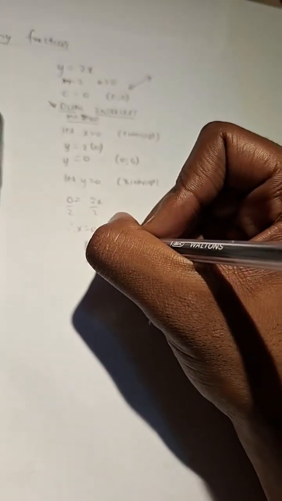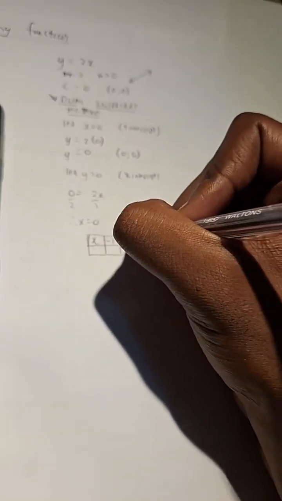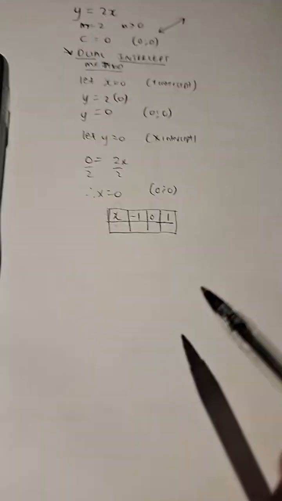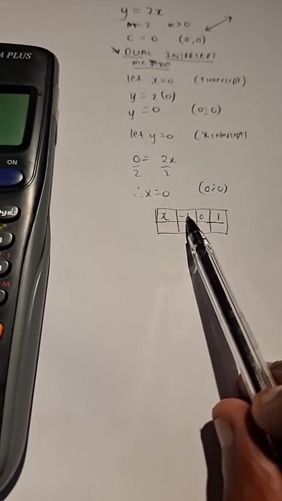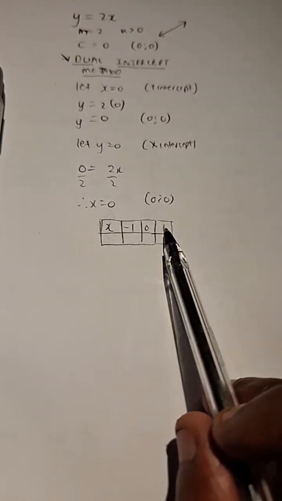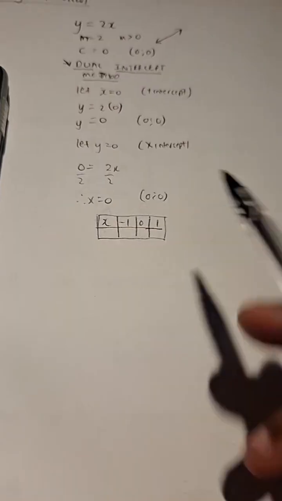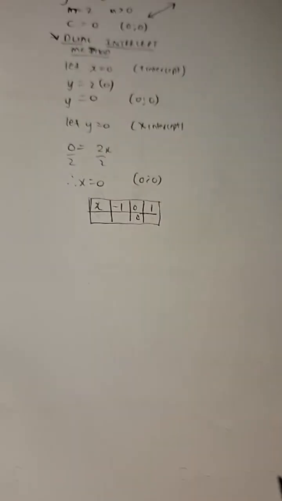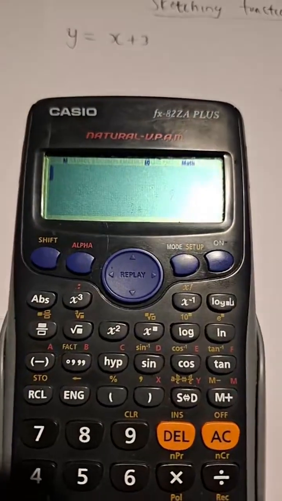For your x, check the function on the negative side for x, one value. Check the function for one positive value for x on the other side. You already know when x is equal to 0, what is the situation? It's 0, 0. And all you do is use your calculator for that.